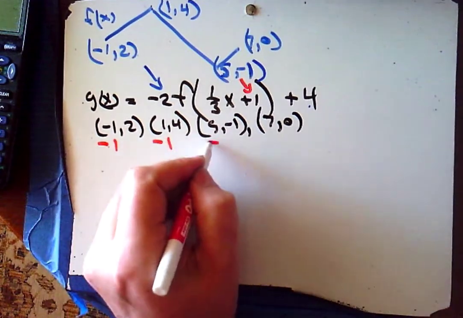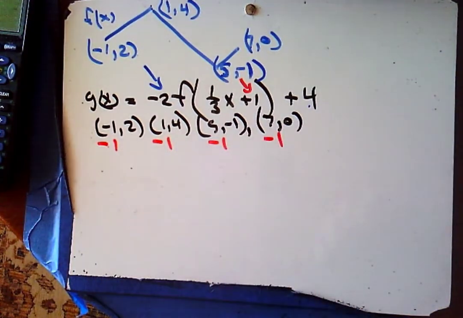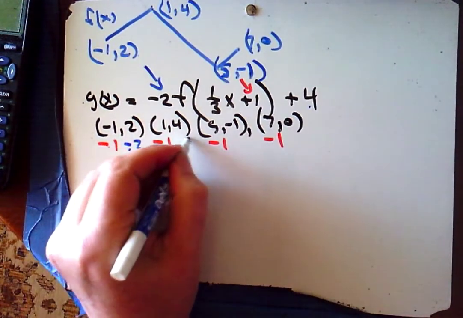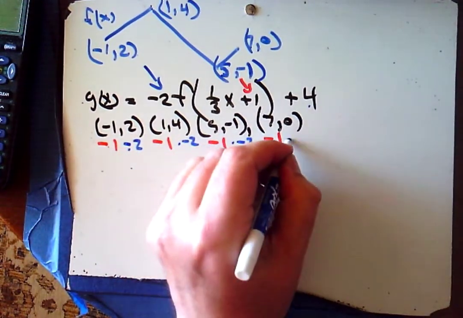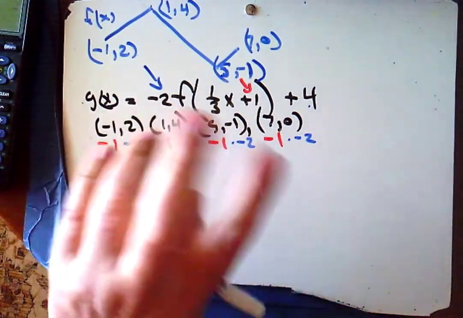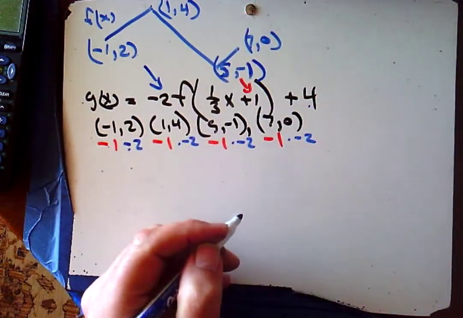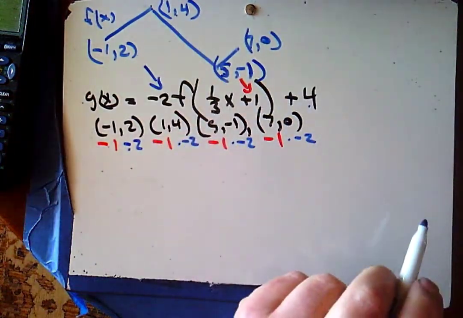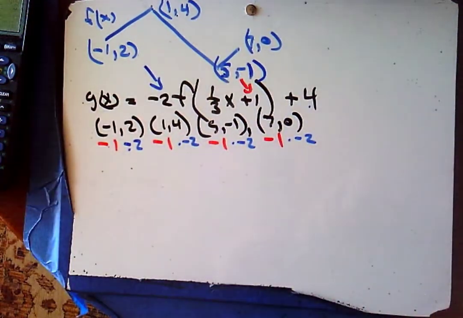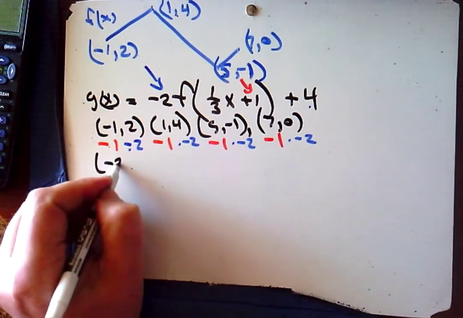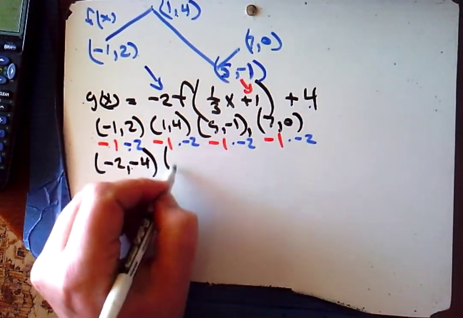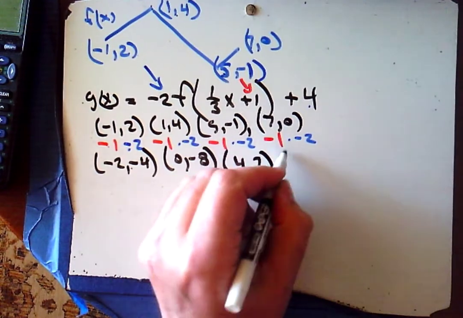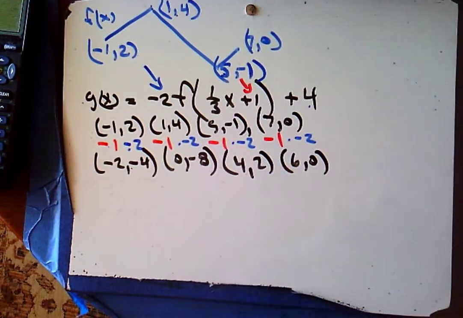So subtract 1 from all the x's and multiply all the y's by -2. Remember that negative is going to have the effect of flipping this graph upside down. So this will become my low point and this will become my high point. So what points do we have now? We've got (-2, -4), (0, -8), (4, 2), (6, 0).